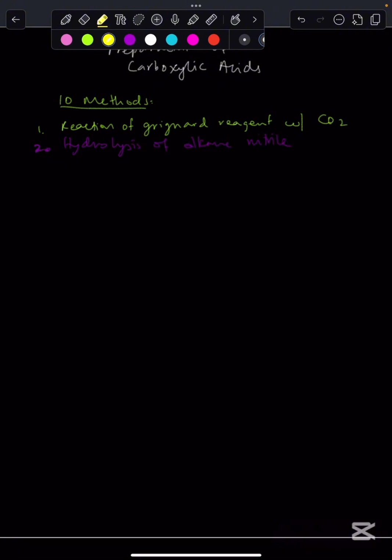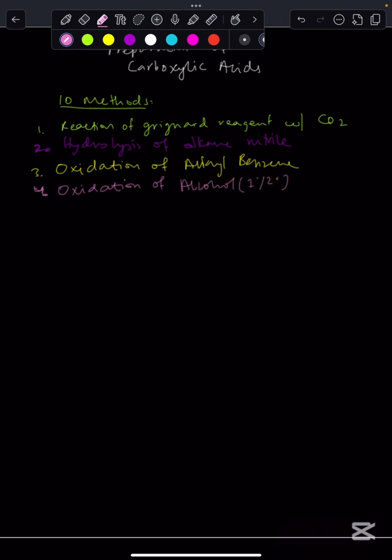The third one is oxidation of alkyl benzene. Fourth one is oxidation of alcohol, be it 1 degree or 2 degree alcohol.